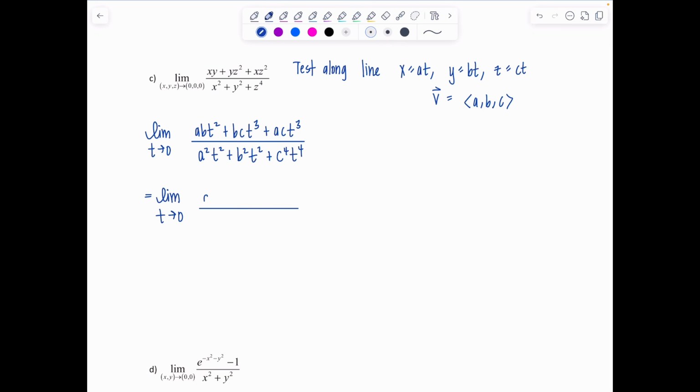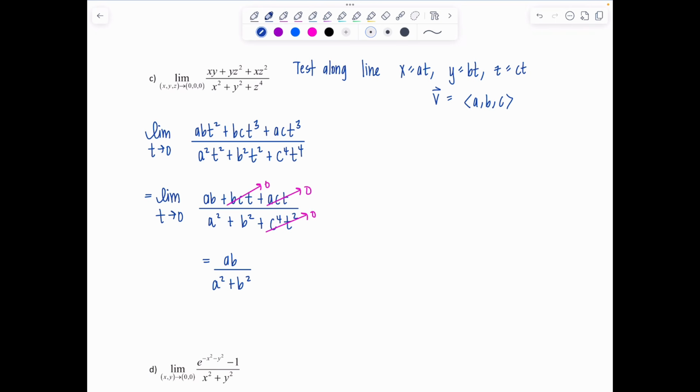And we'll have ab plus bct plus act over a squared plus b squared plus c to the fourth t squared. So now we'll take the limit as t goes to 0. Any term involving t would also go to 0. And I'm left with, yes, ab over a squared plus b squared.